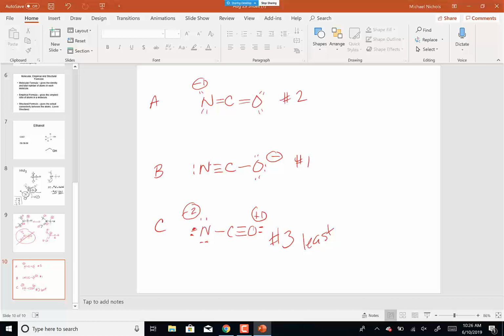Now, how much? I don't care, honestly. If I wanted to know that, I'd have to go to the computer and figure it out, because this is not a simple calculation you can do in your head. But I do know this: the oxygen is probably going to have more negative charge than the nitrogen, but guess what? Well, we can't guess yet.